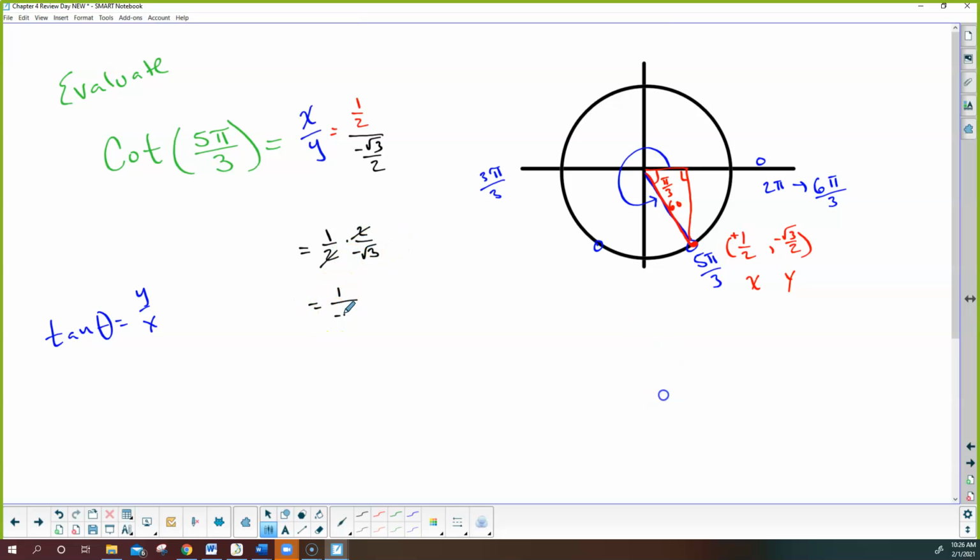Then you're left with the answer that we don't love because the radical's in the bottom. So I'm just going to multiply by square root of 3 top and bottom. And I get square root 3 over 3. And I like to put the negative up top. It doesn't really matter. But that's your answer, negative square root 3 over 3.